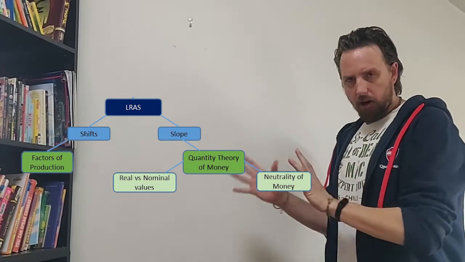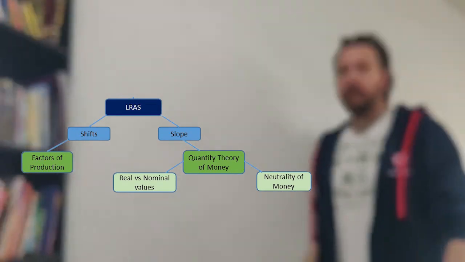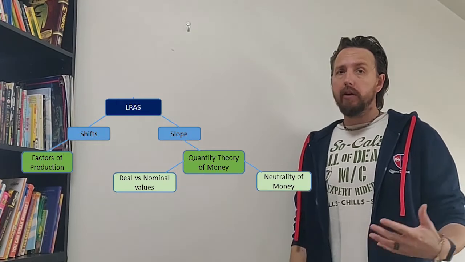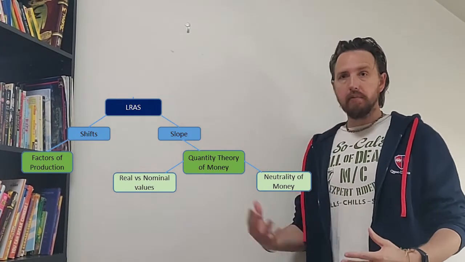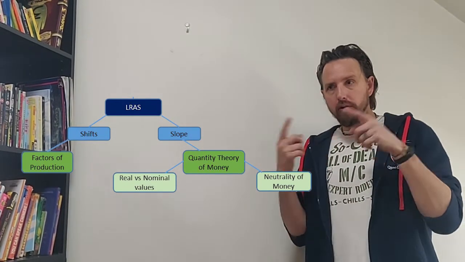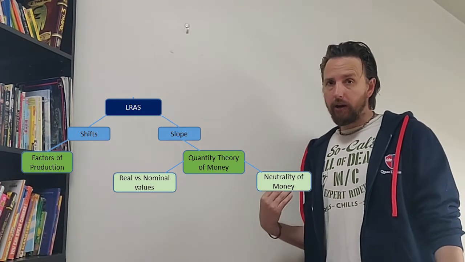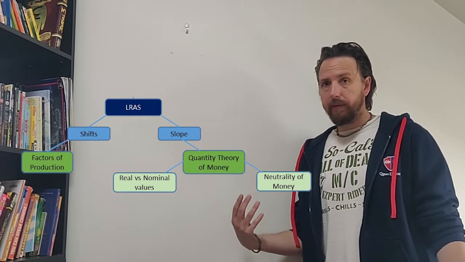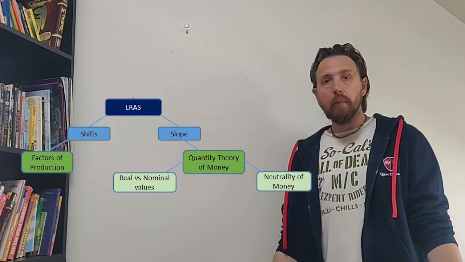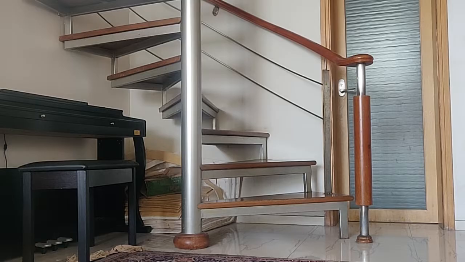So that's the heart of the long-run classical idea: if you have more money, you don't really have a bigger economy. Money is just there to make the economy move around and do the circles. That's their idea. The only way you're going to be able to shift the long-run aggregate supply curve is with factors of production. Do you remember what those are?